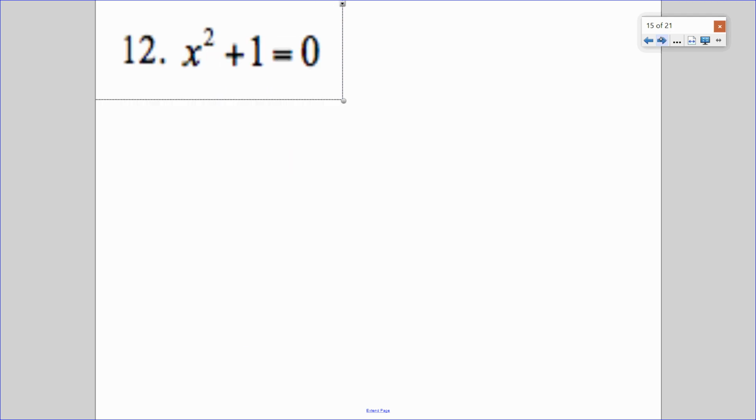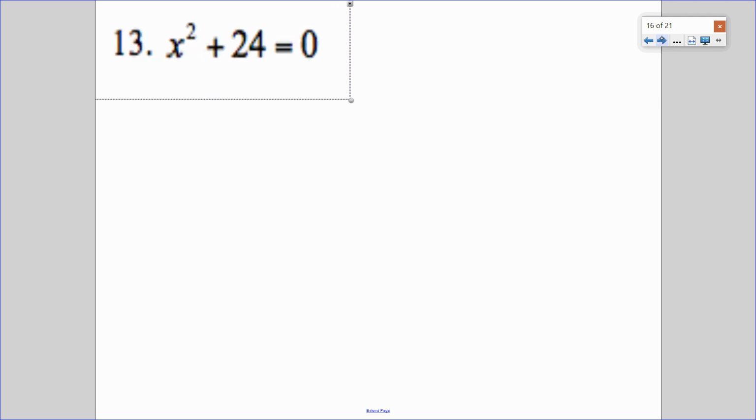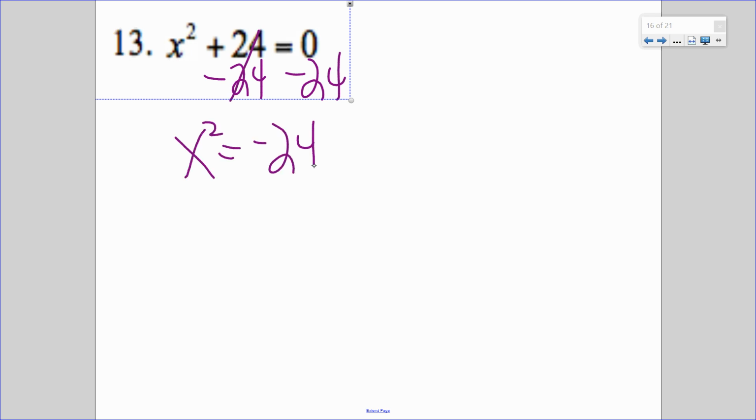Let's skip ahead to number 13. I want to solve for x, so I'm going to isolate by subtracting 24 from both sides. And then to get rid of the squared, I do the square root. When you take the square root, it's plus or minus.